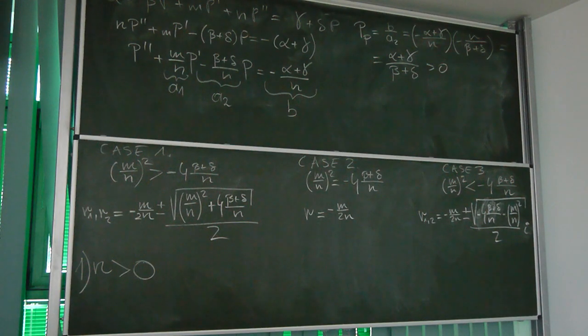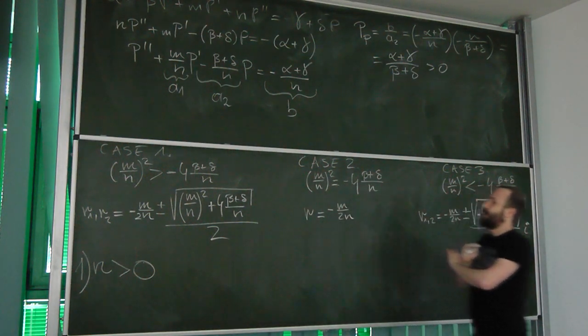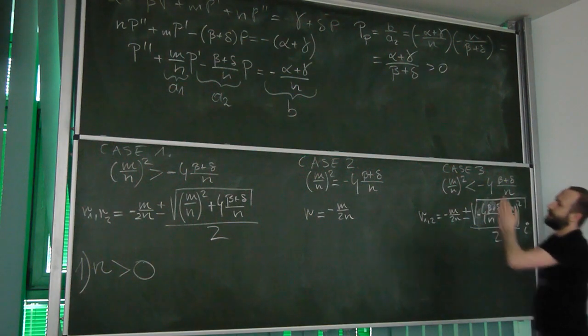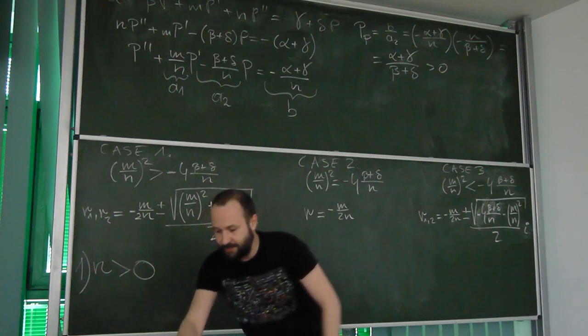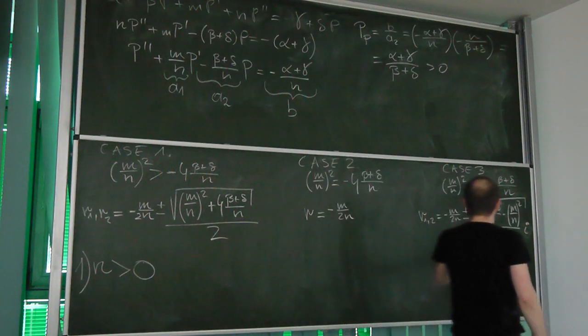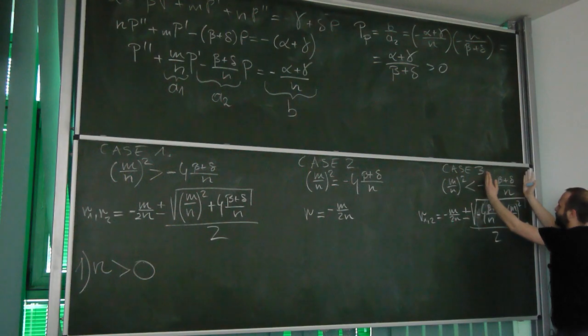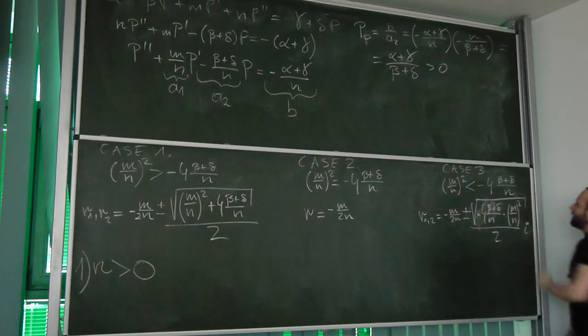Look, if n is bigger than 0, we can rule out case number 3 and case number 2 right away. And look, why is that? Because if n is bigger than 0, it means that this expression is clearly negative. If it's negative, it cannot be bigger than m over n squared, which is clearly positive.